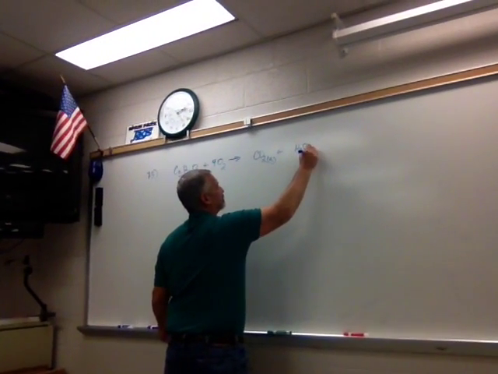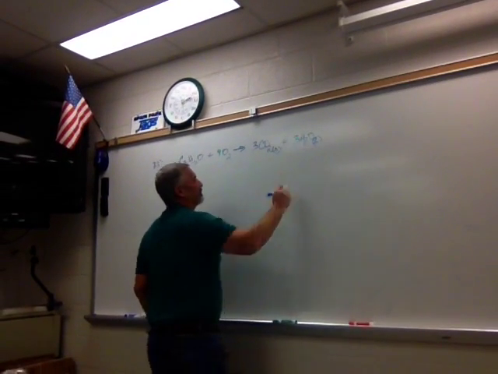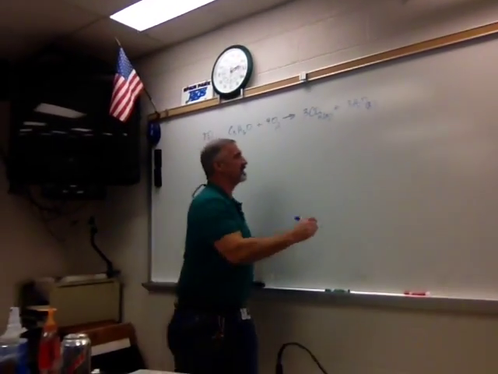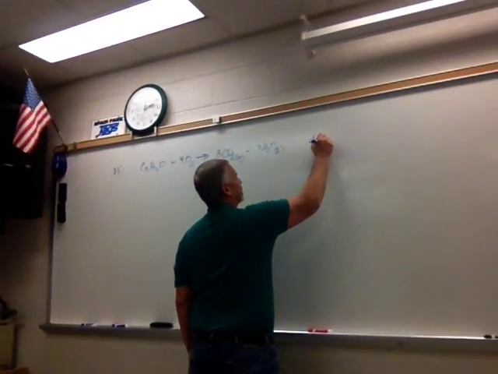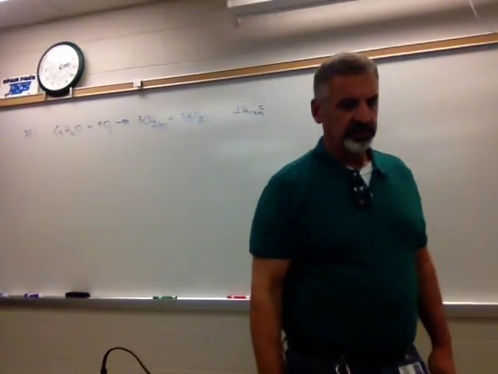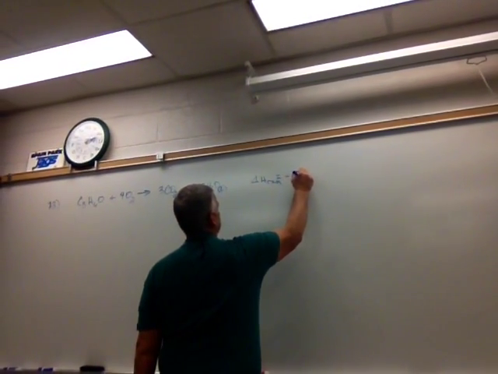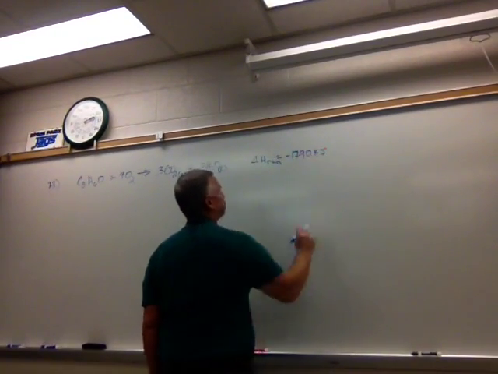H2O liquid. And it's 3 and 3. Okay? But this time it tells us that delta H of the reaction is equal to negative 1790 kilojoules.